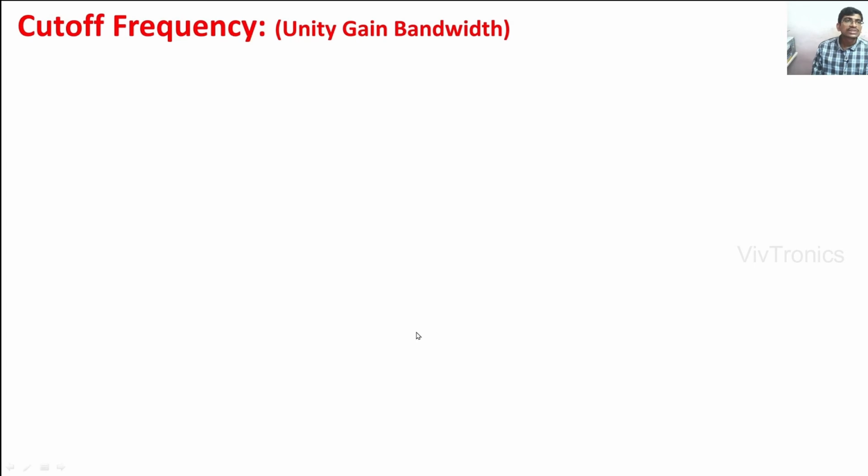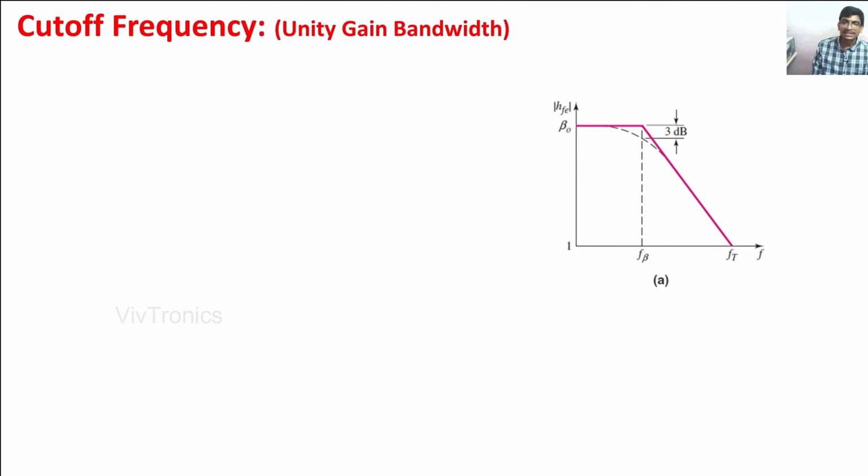Next, we are going to see the cutoff frequency or unity gain bandwidth of the amplifier circuit. This is the frequency response curve of the short circuit CE amplifier, f beta is the beta cutoff frequency, and here Ft is called the cutoff frequency.